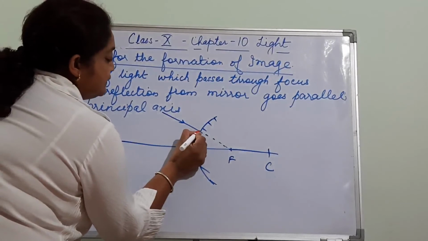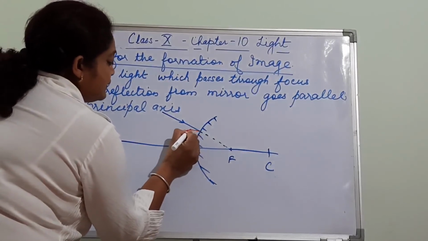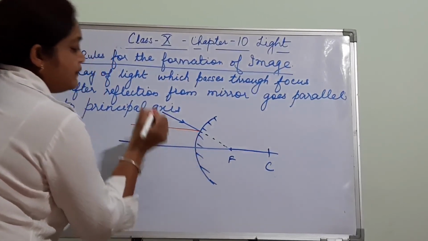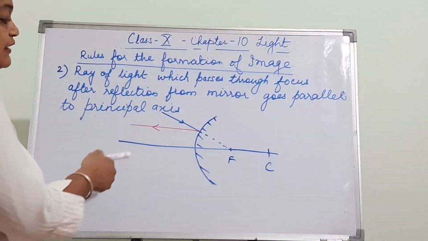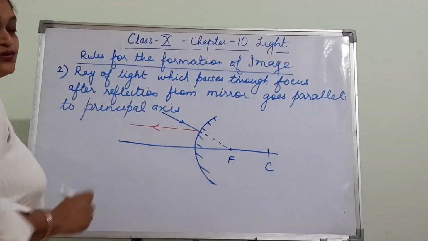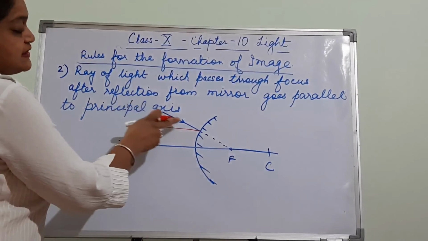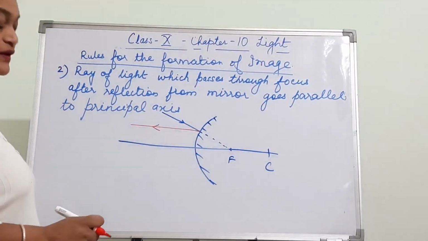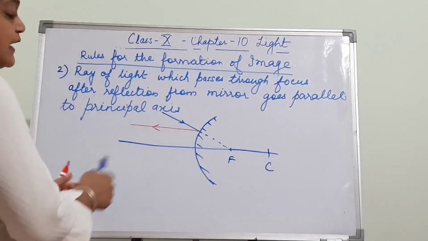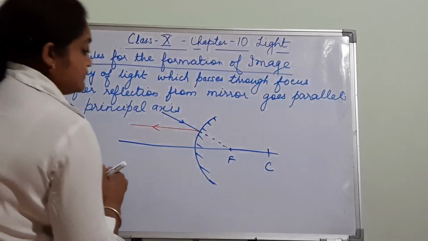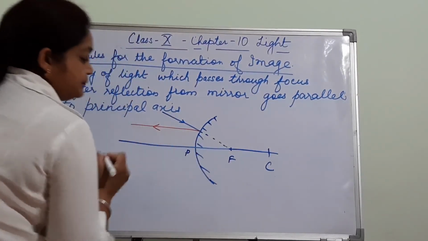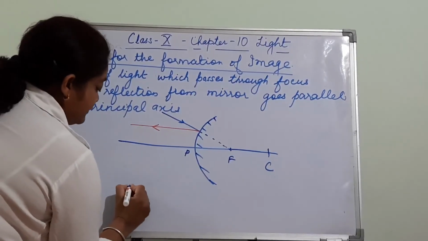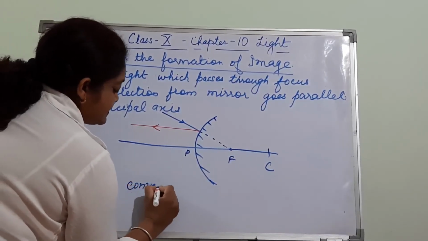After reflection it will go parallel to principal axis. This is how you will draw the ray which is incident towards the focus, and after reflection from a convex mirror it will go parallel to principal axis.